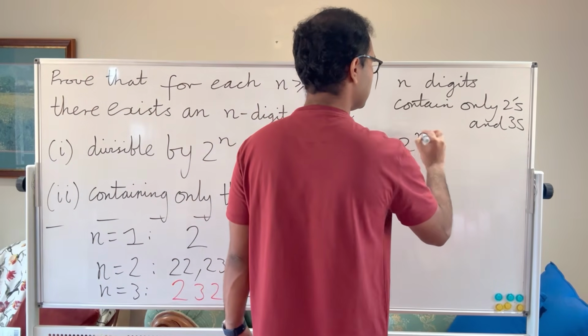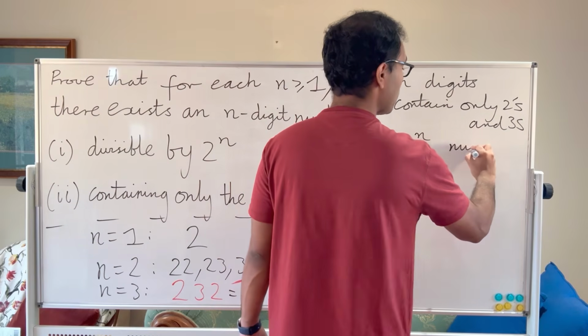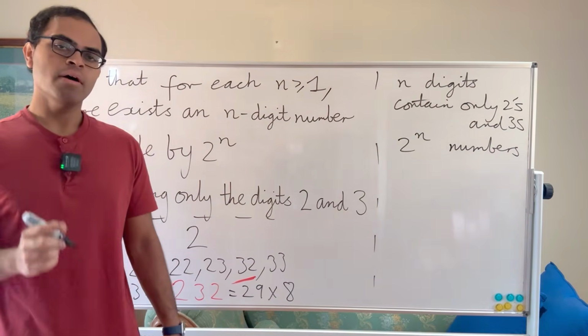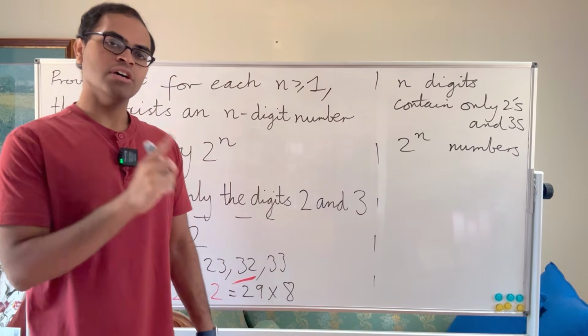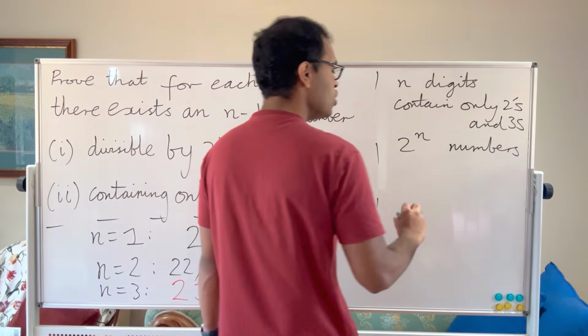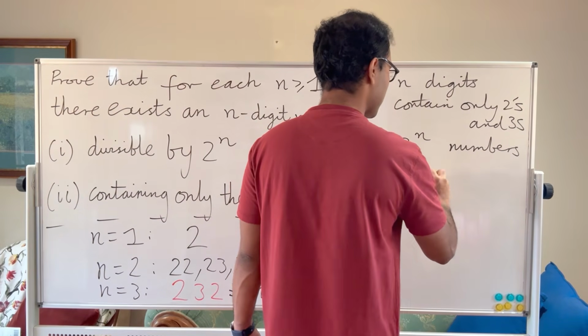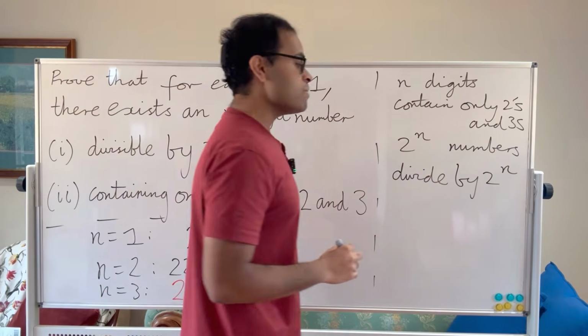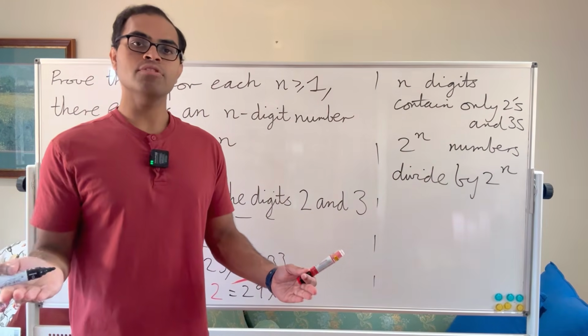So there are 2 to the power n such numbers with this property, and we want to show at least one is divisible by 2 to the power n. What we're going to observe is the remainders when you divide these numbers by 2 to the power n. If you divide by 2 to the power n, a remainder could be any number.